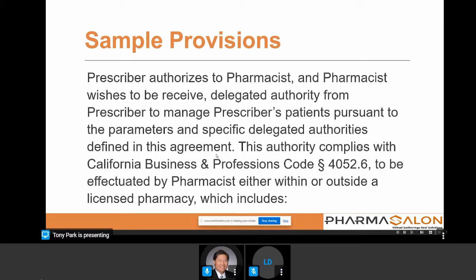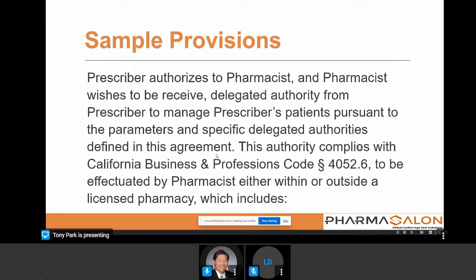So this is one specific provision that I have included in all of my contracts between prescribers and pharmacists, because it references the specific code section that allows for the existence of this contract in the first place.